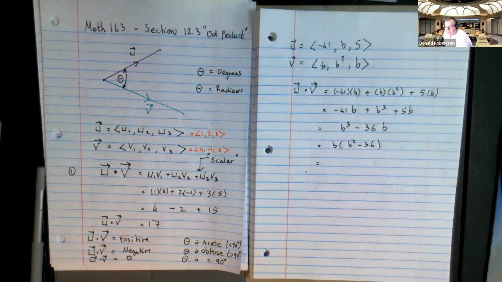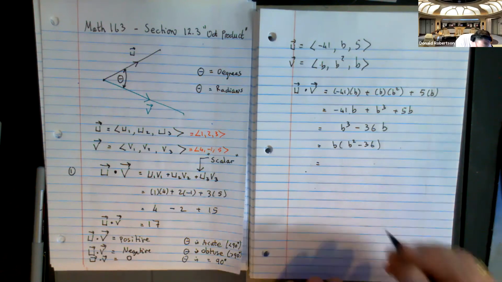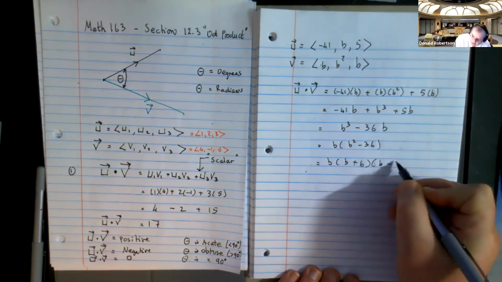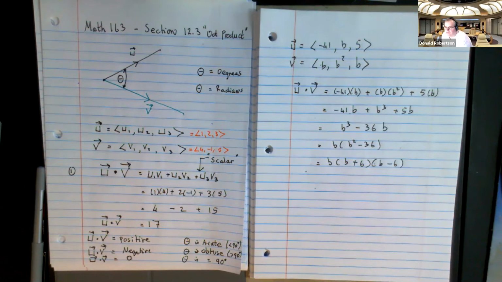Can I factor b squared minus 36 to make it even prettier? b squared minus 36 can be factored: b plus 6 times b minus 6. Do you recognize the difference of two squares? It's the same answer, but it looks prettier.